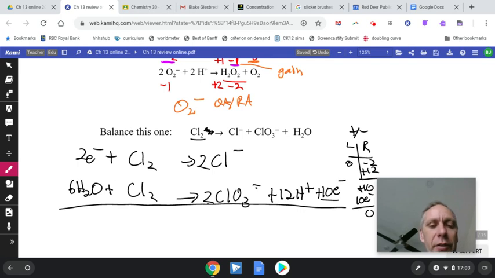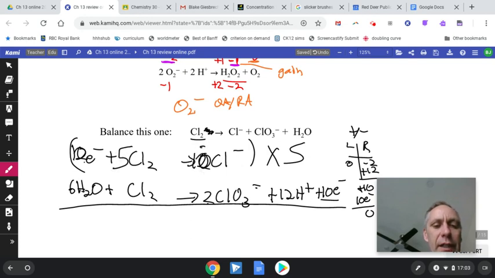Okay, if I want to do the net reaction, I need to balance my electrons. 10 lost, 2 gained, times by 5. So that would give me 10, 5, and 10. Okay, so electrons cancel out. 10 gone, 10 gone.